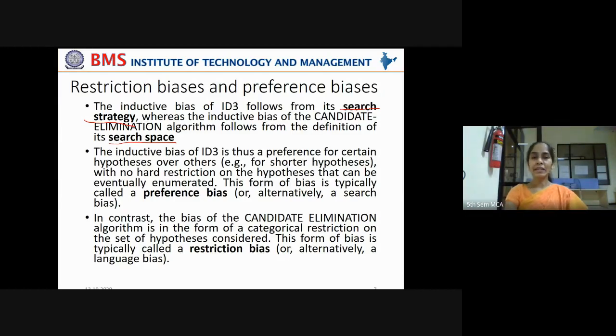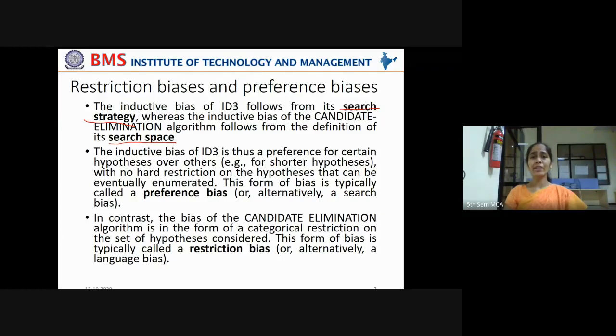Now the inductive bias of ID3 is just a preference for certain hypotheses over others, for shorter hypotheses mainly. So what are the assumptions in this ID3 algorithm? It prefers some hypotheses over other hypotheses, shorter decision trees over longer decision trees, simpler decision trees over complex decision trees. That is how you need to understand the inductive bias of ID3, right?